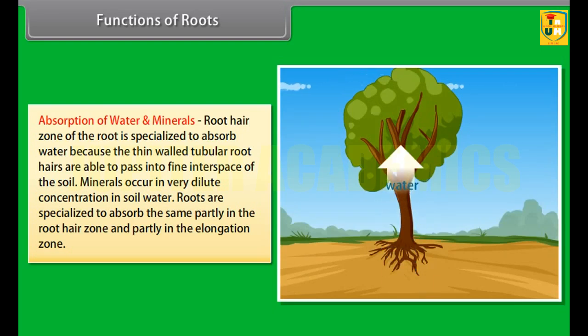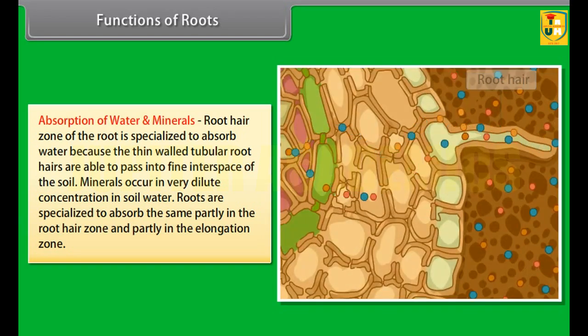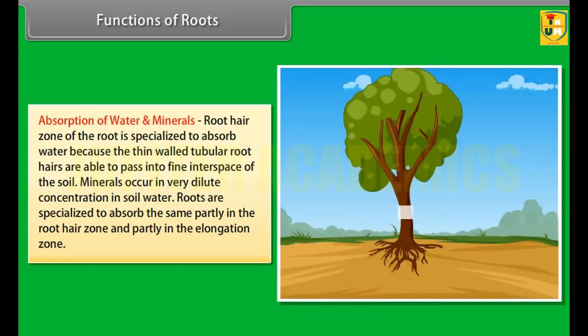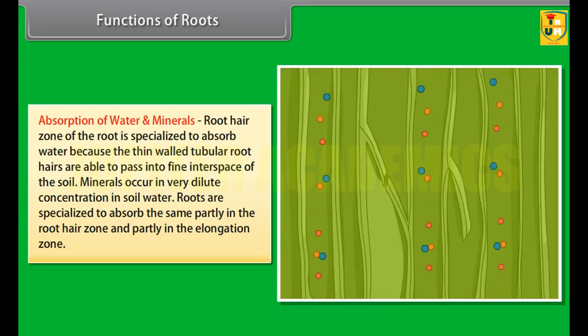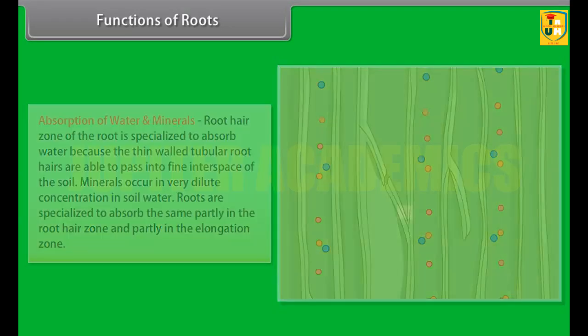The root hair zone of the root is specialized to absorb water because the thin-walled tubular root hairs are able to pass into the fine interspaces of the soil. Minerals occur in very dilute concentration in soil water. Roots are specialized to absorb these partly in the root hair zone and partly in the elongation zone.